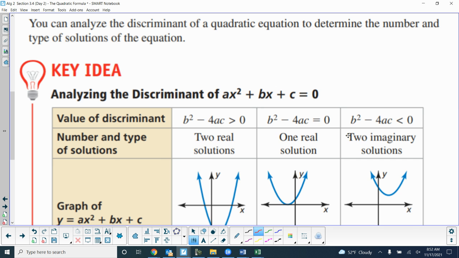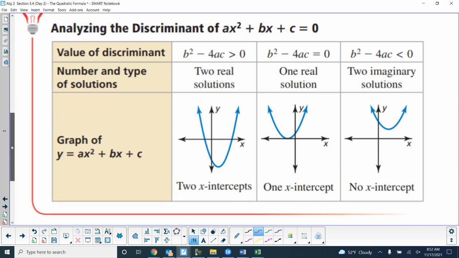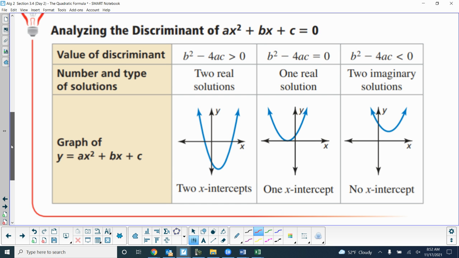All right, so if we look at the discriminant, if the value of the discriminant is greater than 0, meaning it's a positive answer, there's 2 real solutions. Your parabola is going to cross the x-axis in 2 spots.